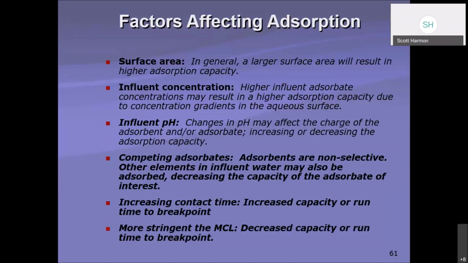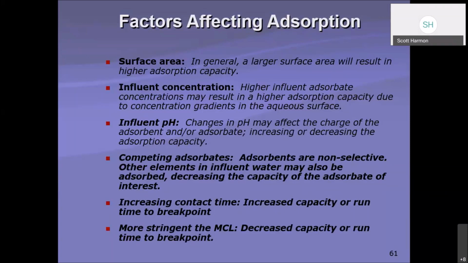But the influent concentration of your arsenic is going to be a factor in the adsorption. The more arsenic that you would have coming in, the quicker that media is going to be used up. Changes in pH may affect the charge of the adsorbent or adsorbate, increasing or decreasing adsorption capacity.